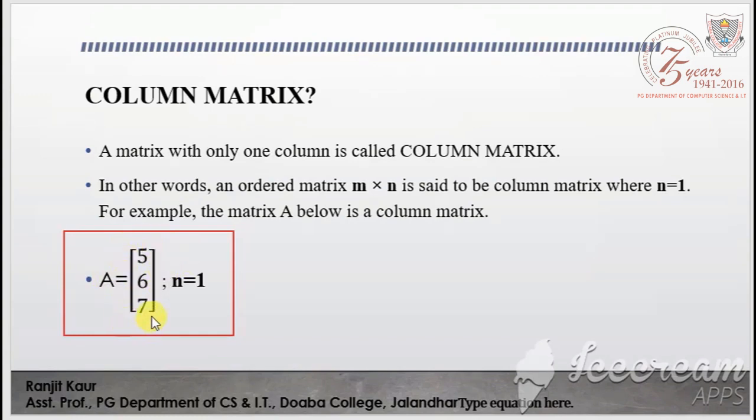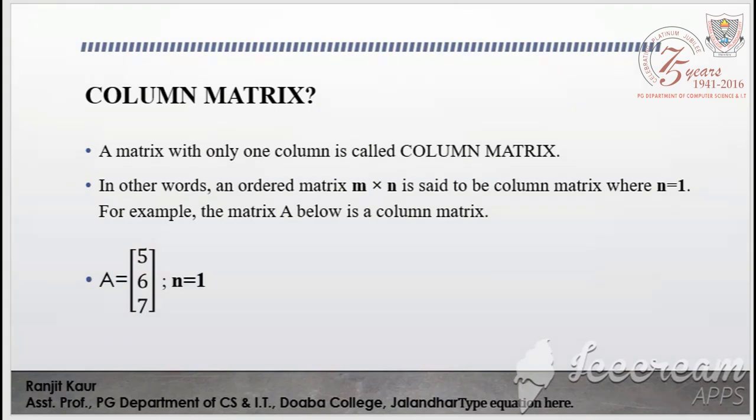These are the elements of matrix A. And how many columns are there? There is only one column in this matrix. Thus, this matrix is known as a column matrix and the value of N will be 1. N is your column. So the number of columns in this matrix is 1. That is why this is known as a column matrix.